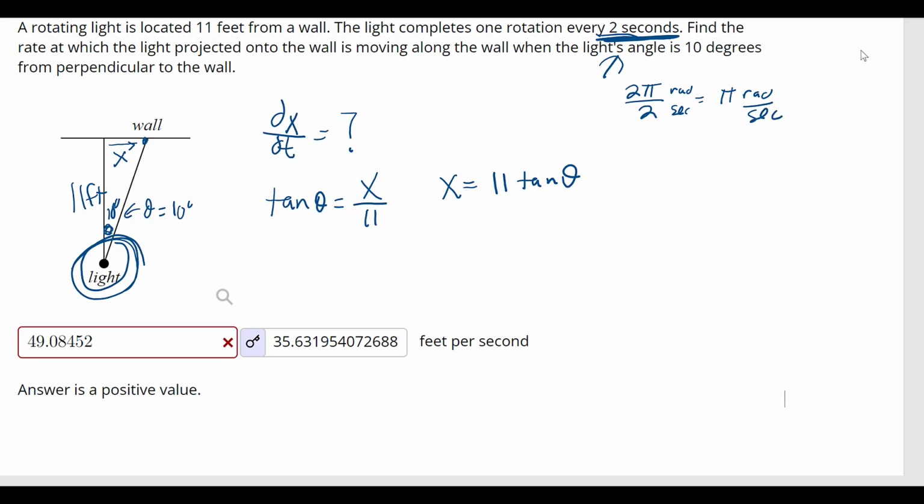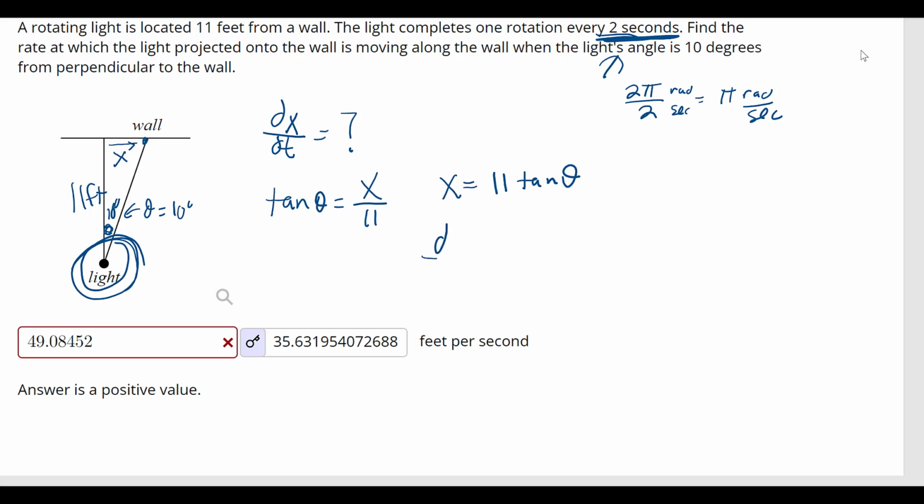Because we're going to take a derivative with respect to time of both sides here, and x would be a function of time, theta is a function of time, we're after dx dt, but over here we're going to end up with d theta dt.